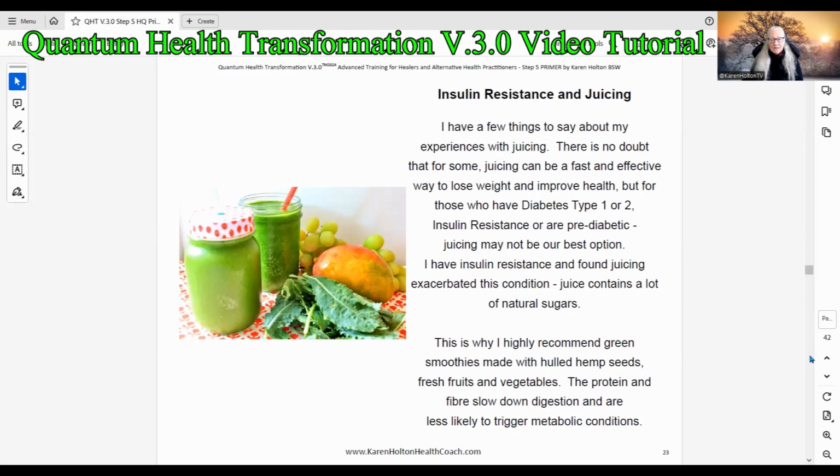I have insulin resistance and found juicing exacerbated this condition. Juice contains a lot of natural sugars. This is why I highly recommend green smoothies made with hulled hemp seeds, fresh fruits, and vegetables. The protein and the fiber slow down digestion and are less likely to trigger metabolic conditions.